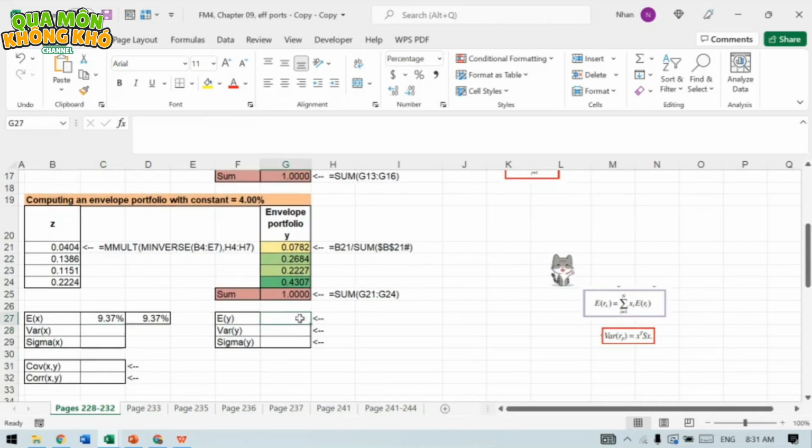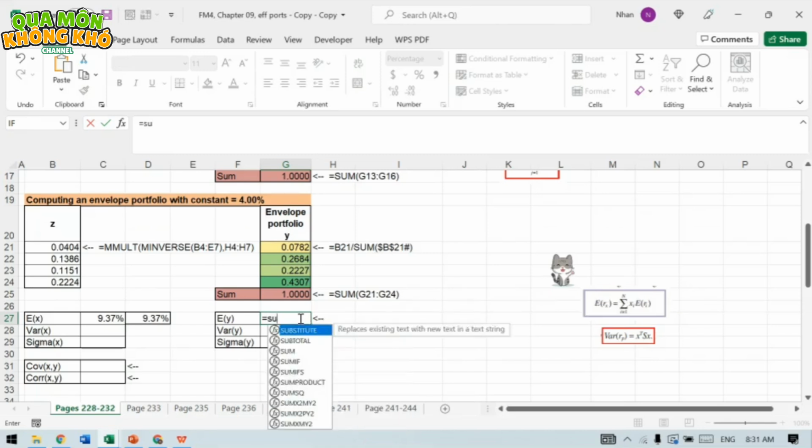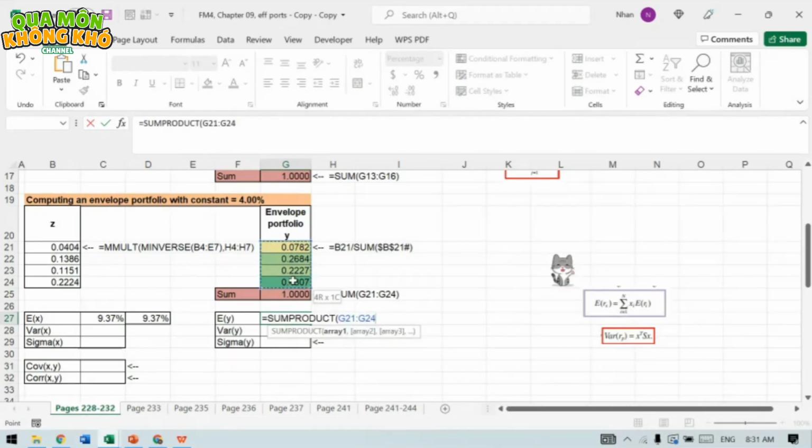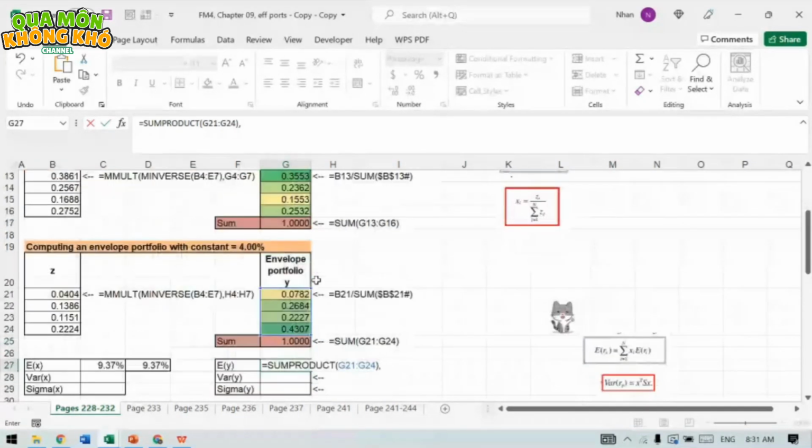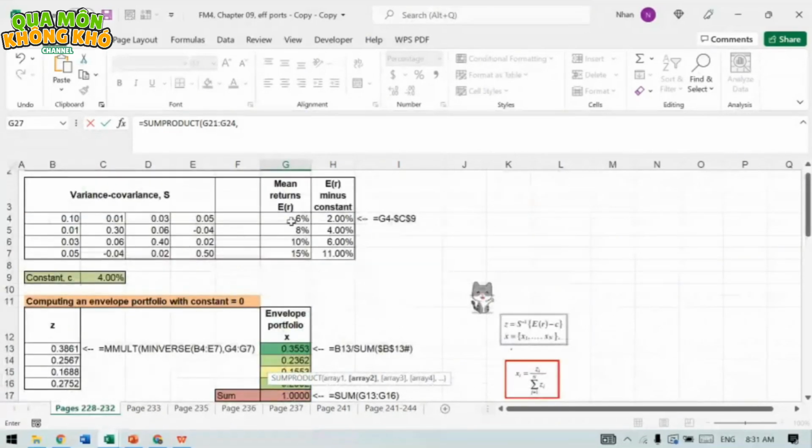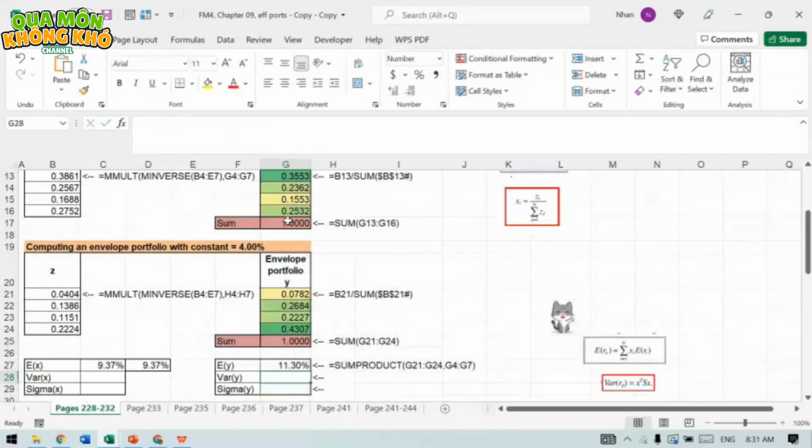So I will calculate the expected return of portfolio Y with SUMPRODUCT, the envelope portfolio, and the mean, the expected return that I have.